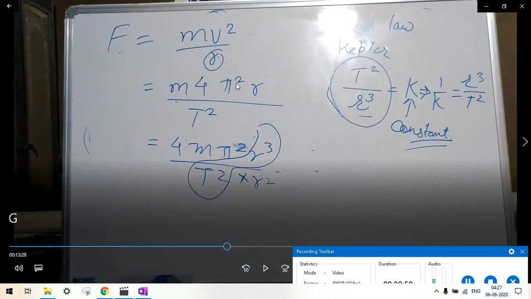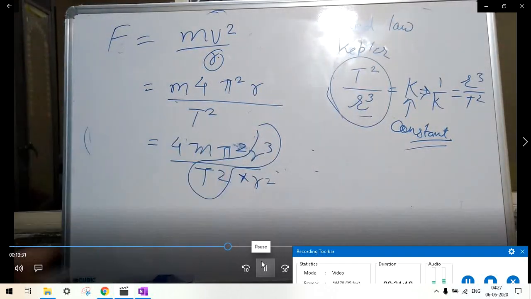What I have done to this equation is just multiply R square to the numerator and denominator. So R square into R becomes R cube, and R square in the denominator stays simply R square. Now we are using Kepler's third law, which says that T square by R cube is equal to K. So 1 by K will be equal to R cube by T square, which we are getting here.